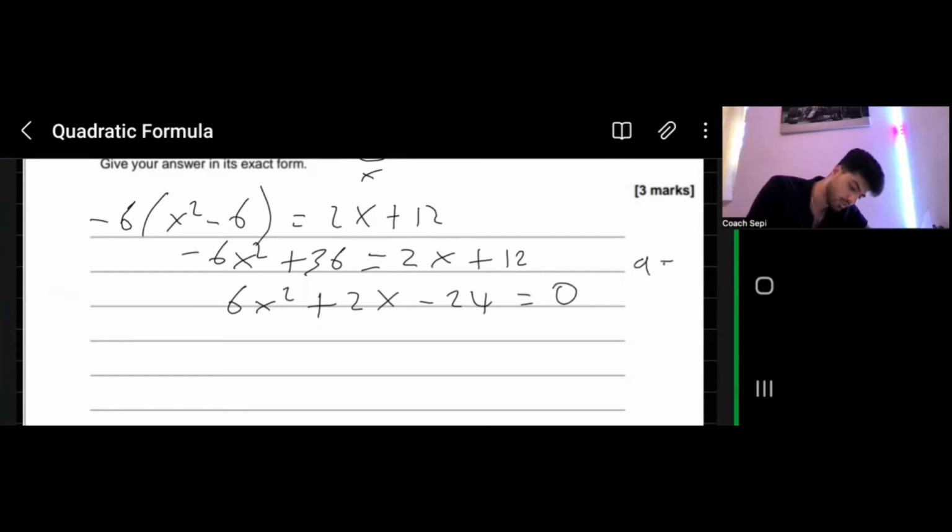Our a value is 6, our b value is 2, and our c value is minus 24.